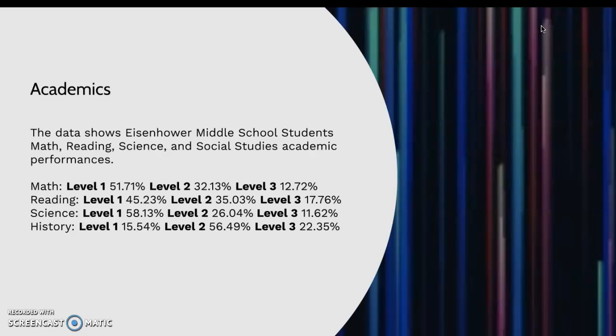Level 2 was 56.49%, which is a lot higher than the other scores, and level 3 would be 22.35%. That is just a little bit about those scores, and we are currently trying to get our testing scores up more based on the activities that we are going through with redesign.